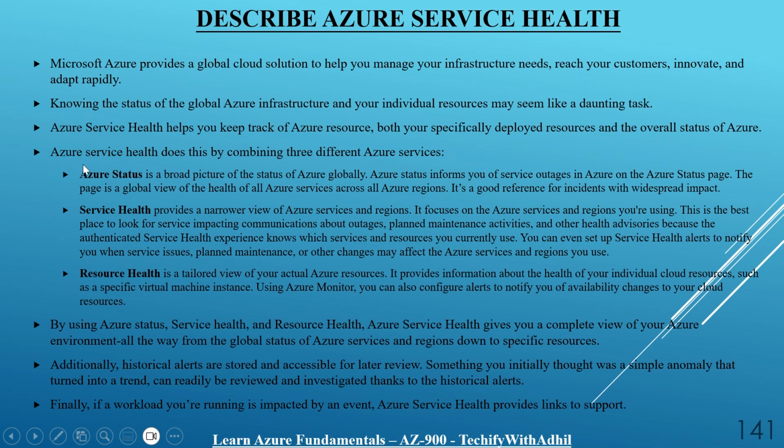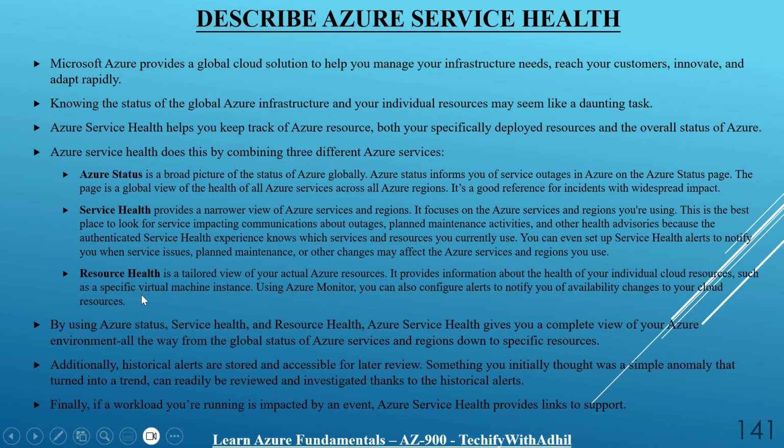So Azure Service Health combines these three different Azure services. One, the Azure status, which gives you the status of the Azure outages globally. The next is the Service Health. This provides the view of Azure services and the regions where our data center is. And next is the Resource Health.